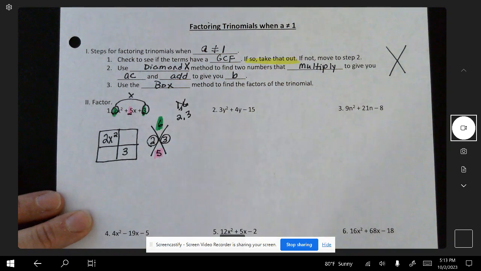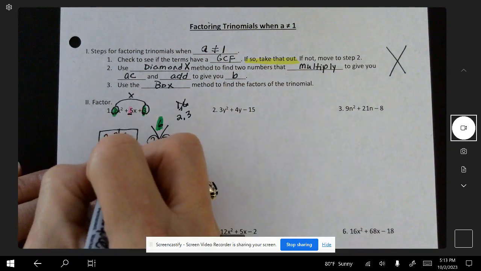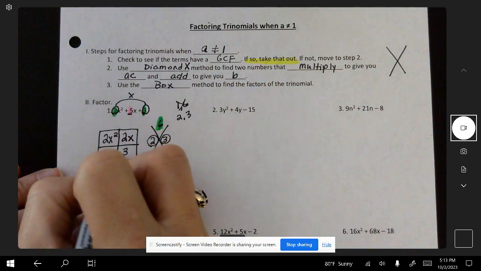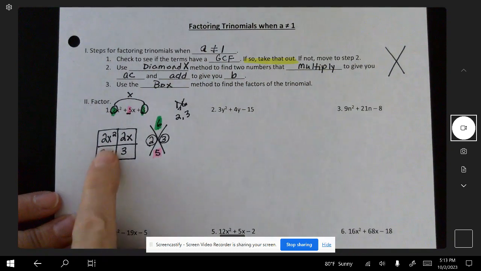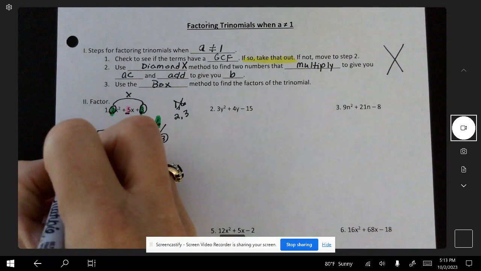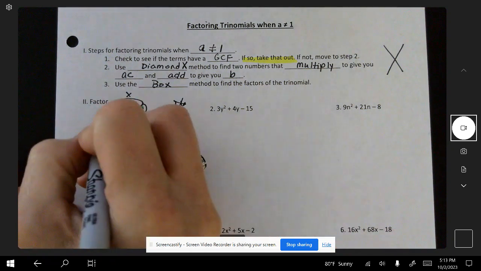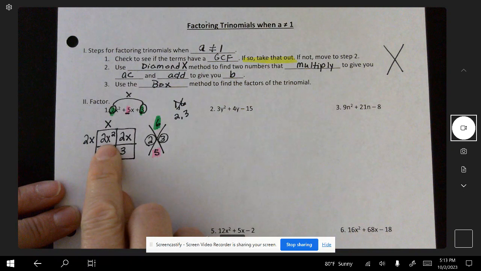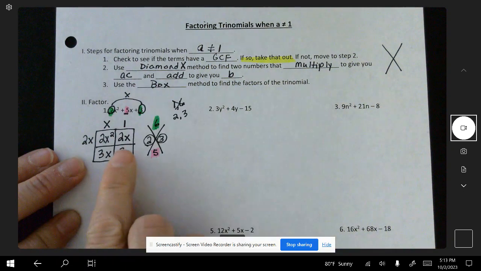Now remember, we're going to bring those two numbers over here and put them in my box with X's. It doesn't matter where you put them. 2x, 3x. After you do that, what is the greatest common factor across the top? Well, that's 2x. And then 2x times x is 2x squared. 2x times 1 is 2x.